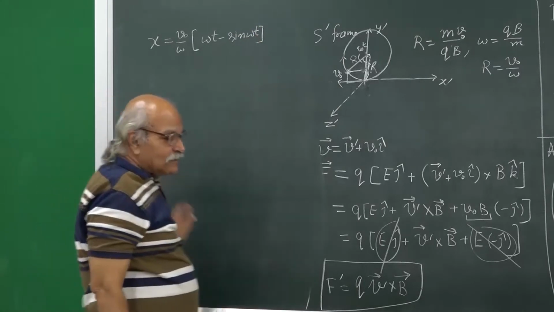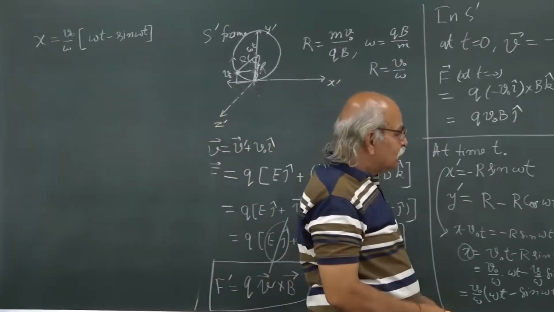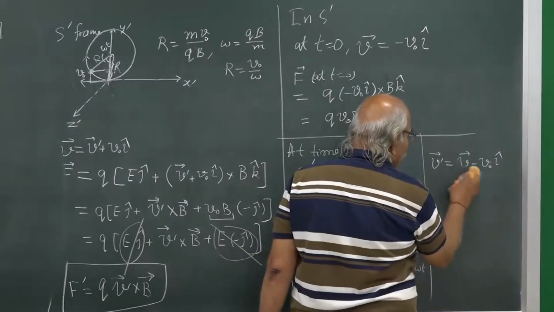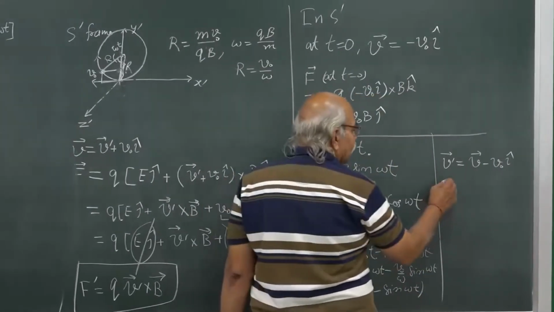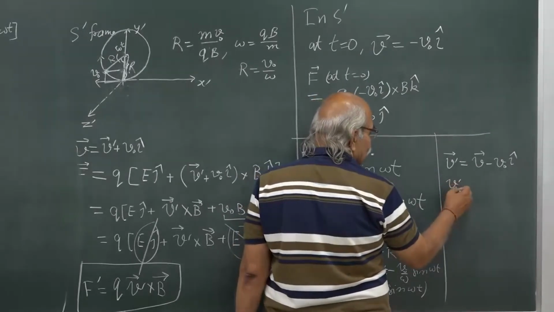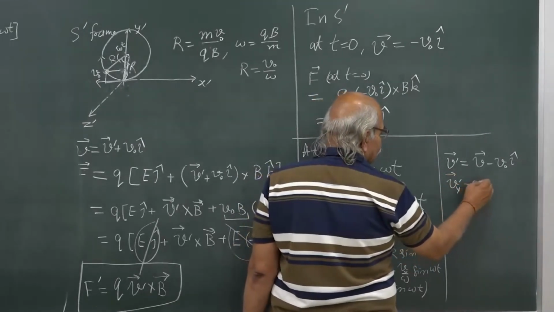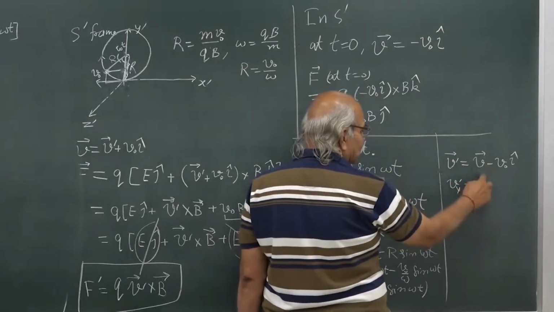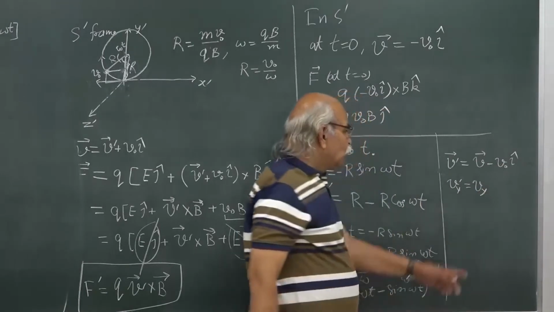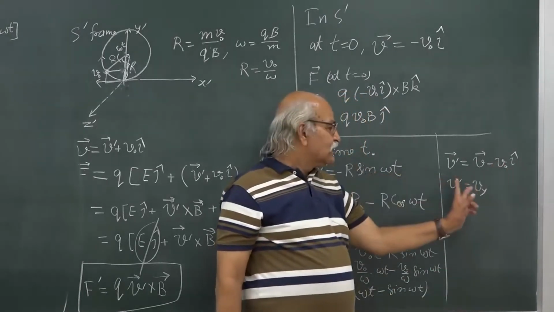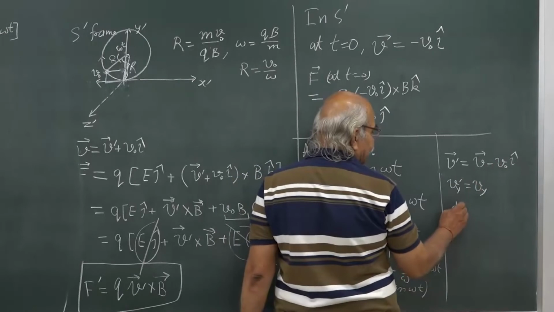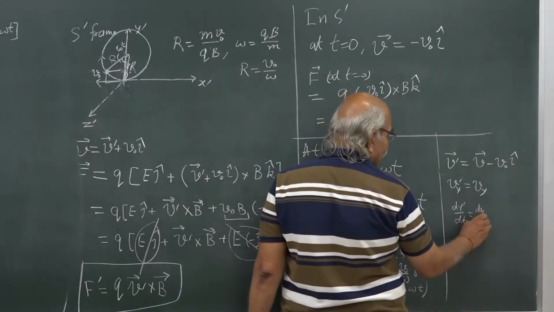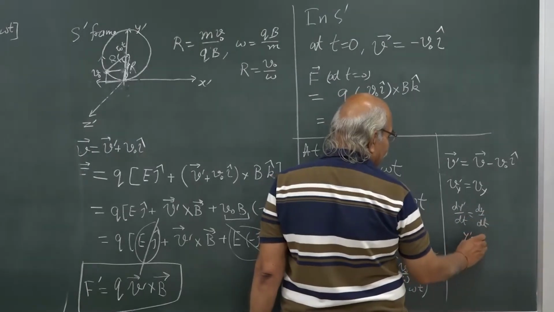What about y? You can do the same thing here. For the y component, V prime y is equal to Vy, since there is no y component here. So dy prime dt is the same as dy dt, so y prime is the same as y.